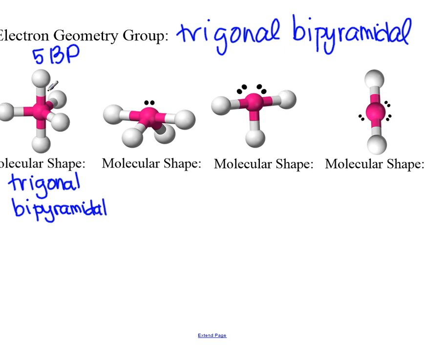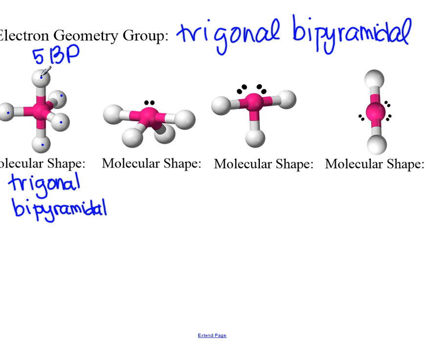Now, for this one, when we look at it, there's a couple of places for angles. So first, you've got axial positions and you've got equatorial positions. So when we're thinking about this molecule, think about this one as North Pole, South Pole, and then you have 3 bonds evenly spread out around the equator, axial and equatorial positions.